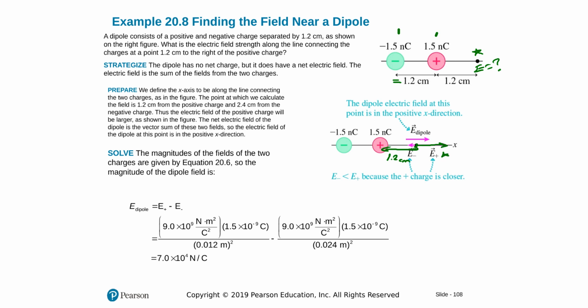Negative charge, let me choose a different color here. Negative charge is farther away. It's actually twice the distance, 1.2 plus 1.2, 2.4 centimeters away. So it will have a smaller electric field and it will be towards itself, shown here. That would be E minus.